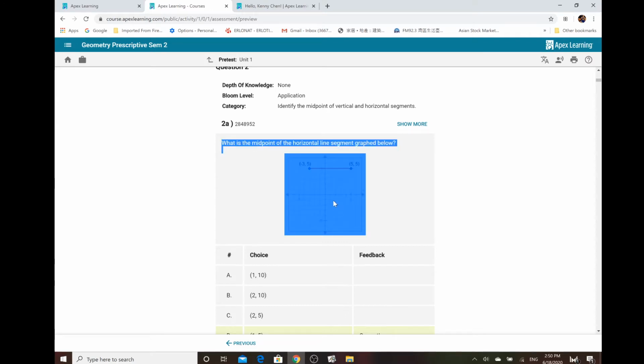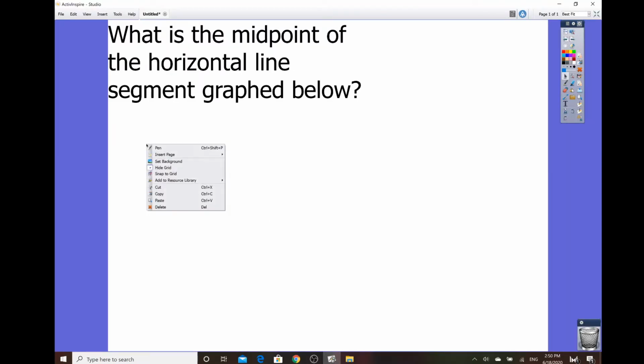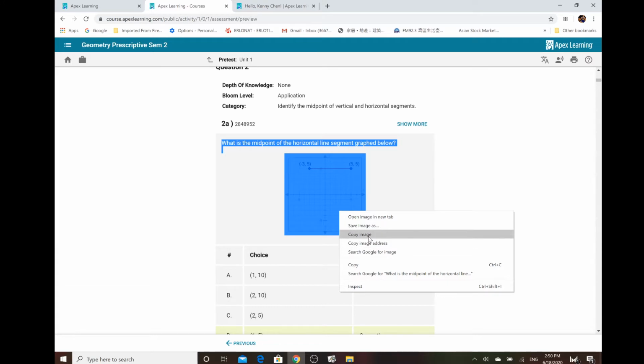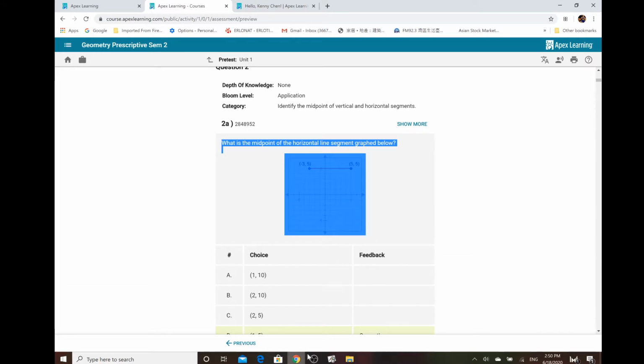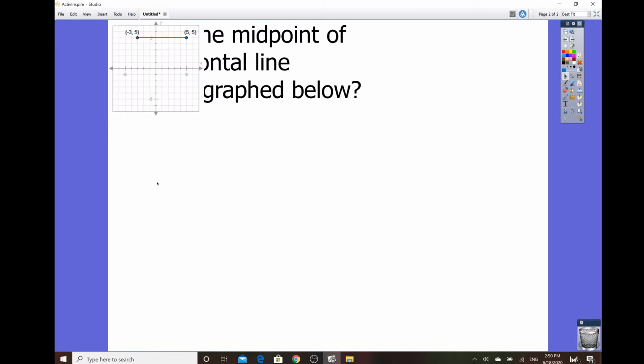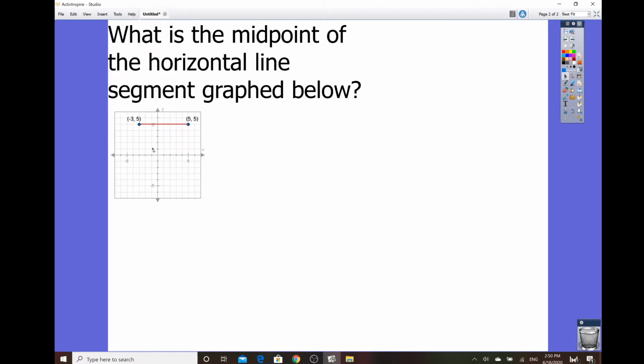Let me just highlight the whole thing here. Oops, paste. Okay, sorry about that. Copy image. Paste. Okay, so the way to find a midpoint. So what we need to do. So it's all about the formula.